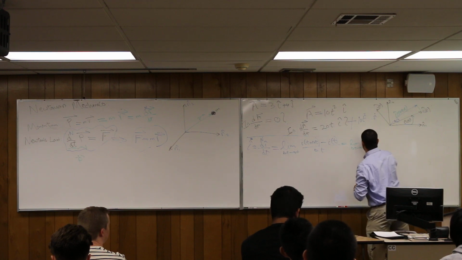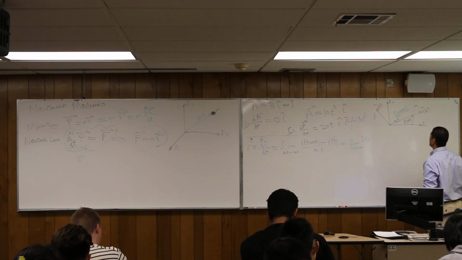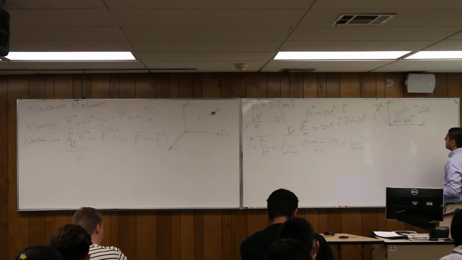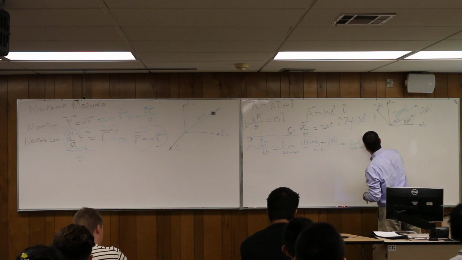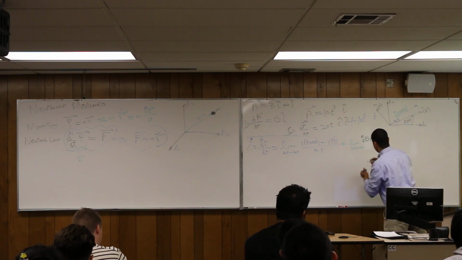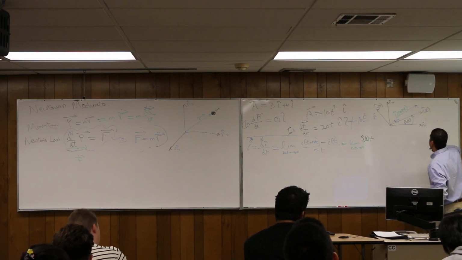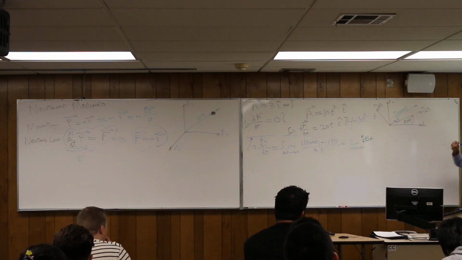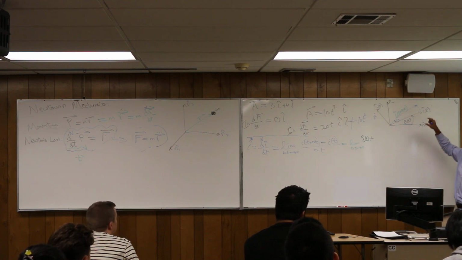Plus the old i, and I urge you, just bear with me for a minute, I'll leave you some time to write. The old i, plus the dotted blue. What is this dotted blue? Well, it's a vector, it has a magnitude and direction. What's its magnitude first? What's its length? Can anybody give me its length?